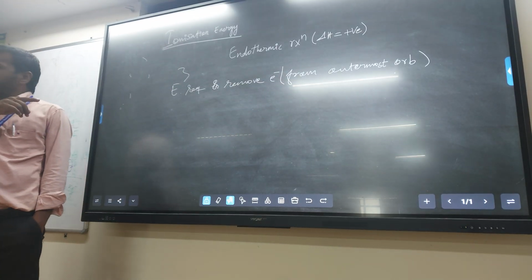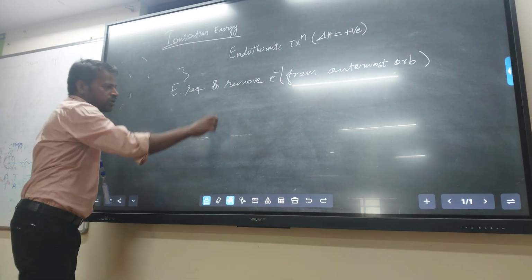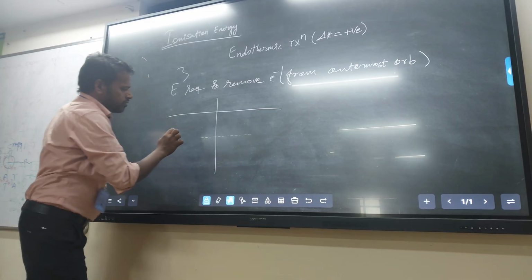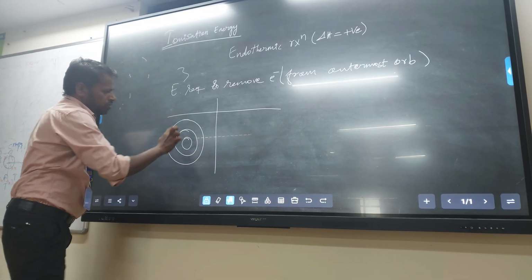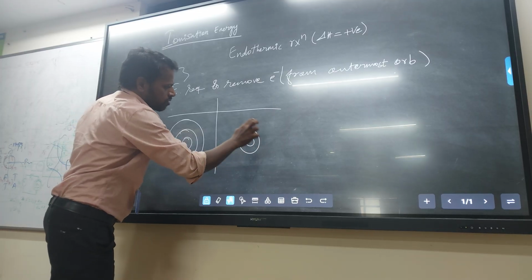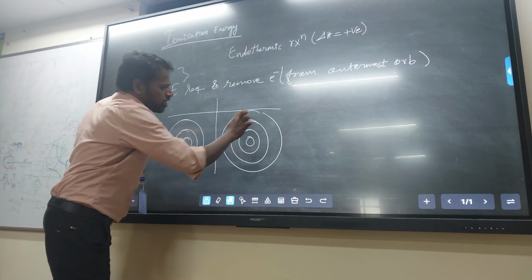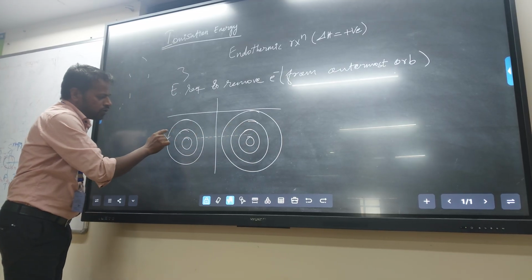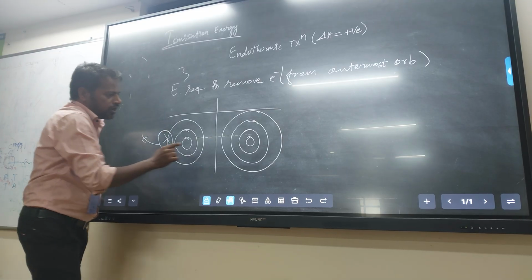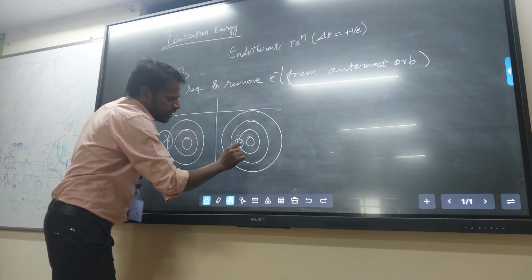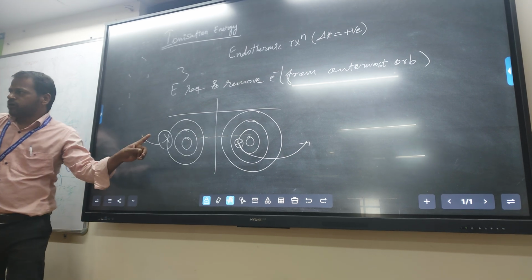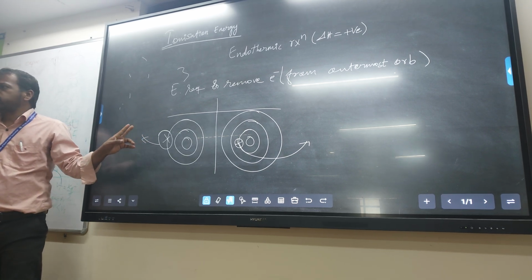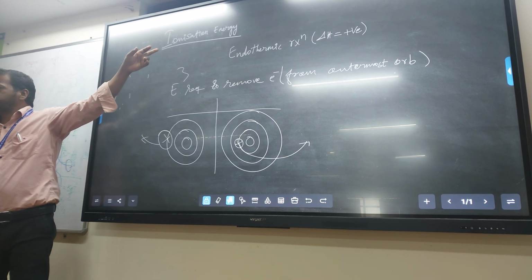That day I discussed two differences. You remove the electron from the outermost orbital, or you remove the electron from the inner orbital. If you remove the electron from the outermost orbital, that is called ionization energy.